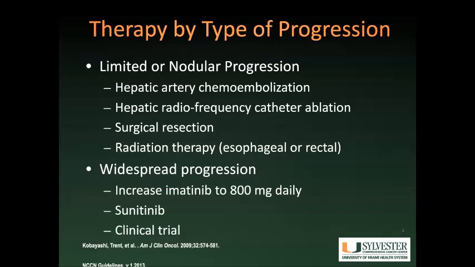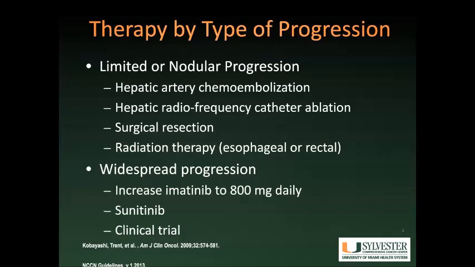Particularly for esophageal or rectal tumors, we know that we can deliver high enough doses of radiation to kill GIST cells. Radiation therapy is not an everyday or common modality of therapy in GIST patients because in the abdomen, the intestines, the large and small intestine, can only tolerate low doses of radiation.